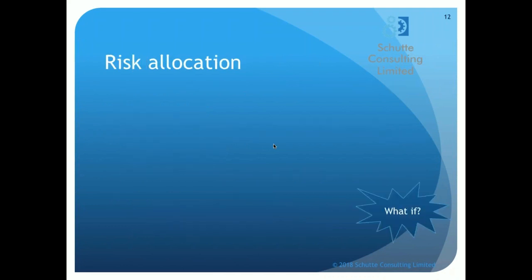Okay, let's tie that all back into risk allocation. For me, risk allocation is all about the what if. A contract is an agreement where the parties are sharing, in some way, the risks of the venture, the objective, the project.